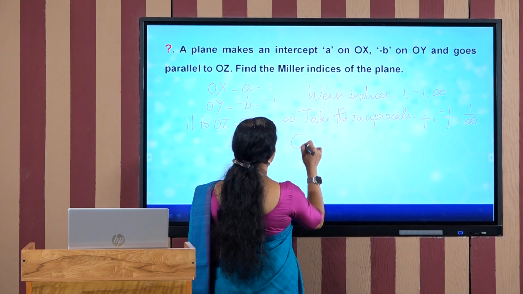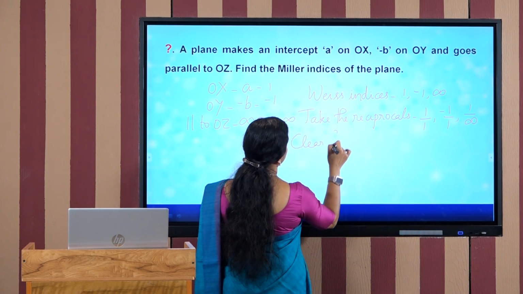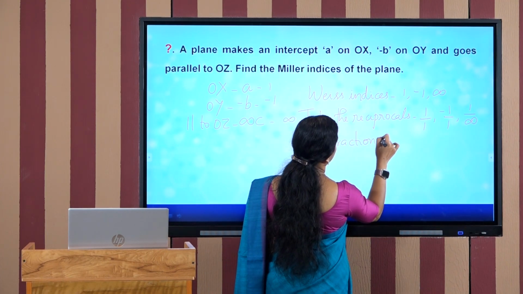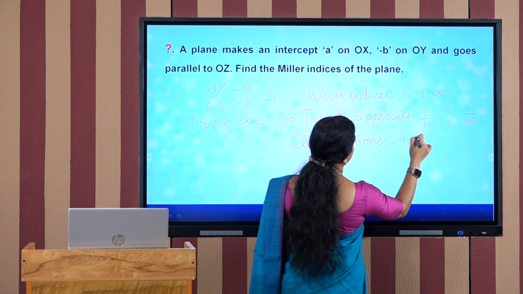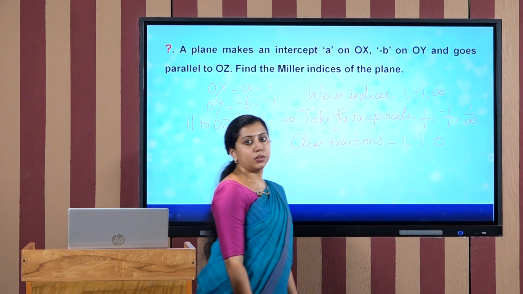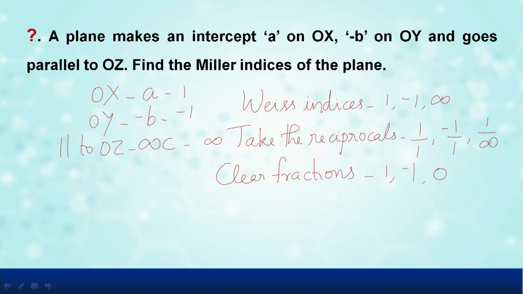So, if we clear the fractions, we have 1, minus 1 and 0. So, what will be the Miller indices? The Miller indices can be represented as 1, minus 1, 0.